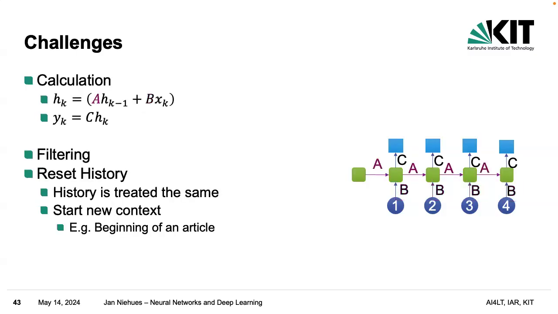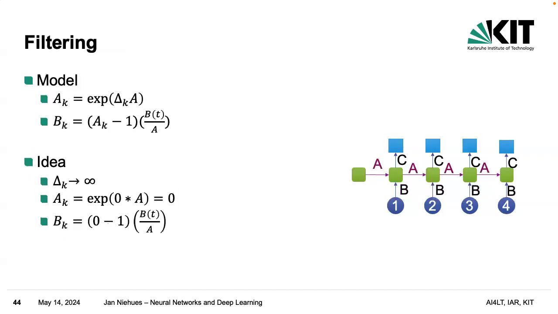We can also reset our history. That was the other way, where we try to have an A which is mainly 0. This works if we set delta K to infinity. Oh, this one is wrong, sorry. So you have then infinity times A. If you assume that A is negative, this will result in a 0. So you have exp of minus infinity, which is then 0, and you have your B, which is then a value.